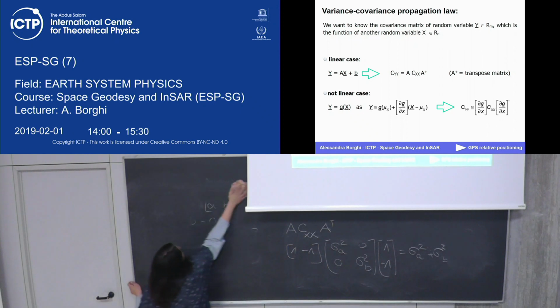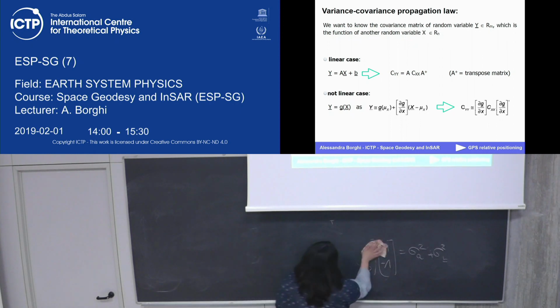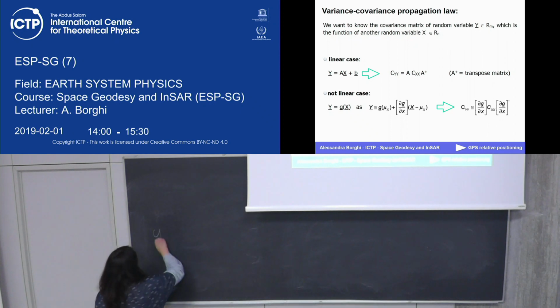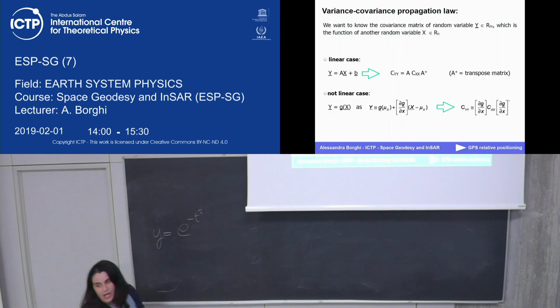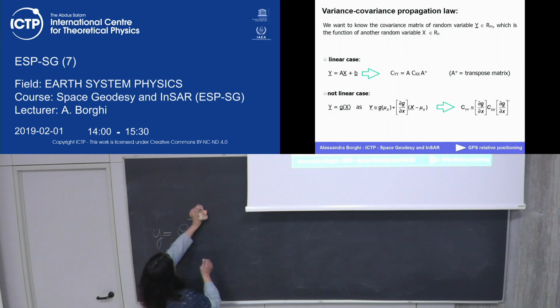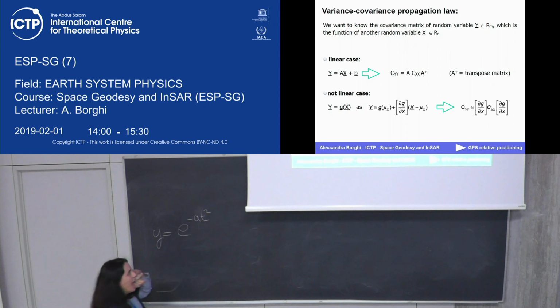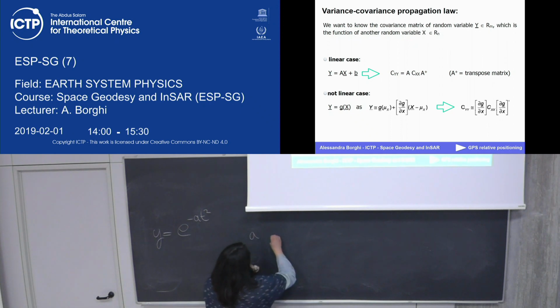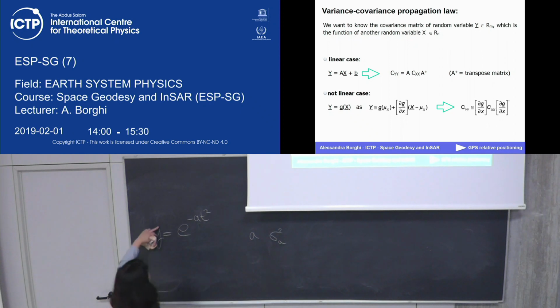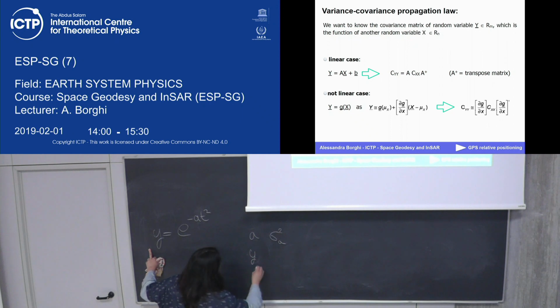Or if you know that the relationship for some quantity y is given by, I don't know, the exponential of the time squared, for instance, and you know the parameter a and also its variance, you want to estimate the value of y at t equal to 5.